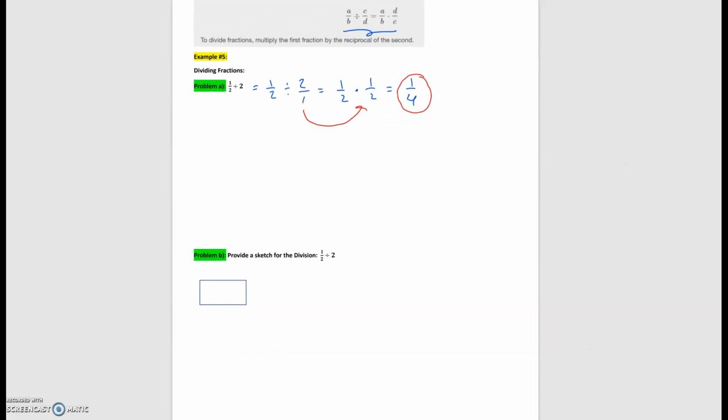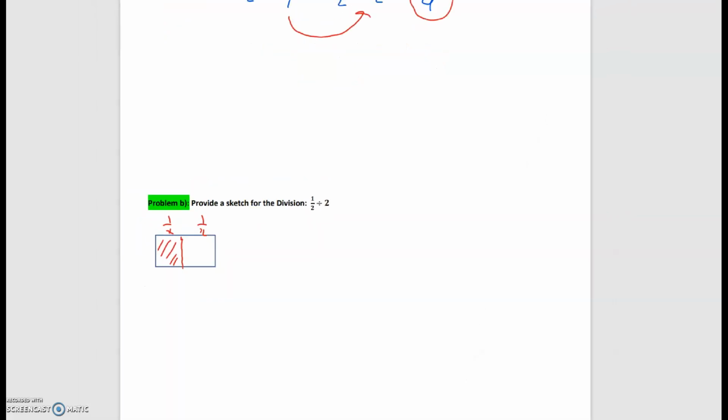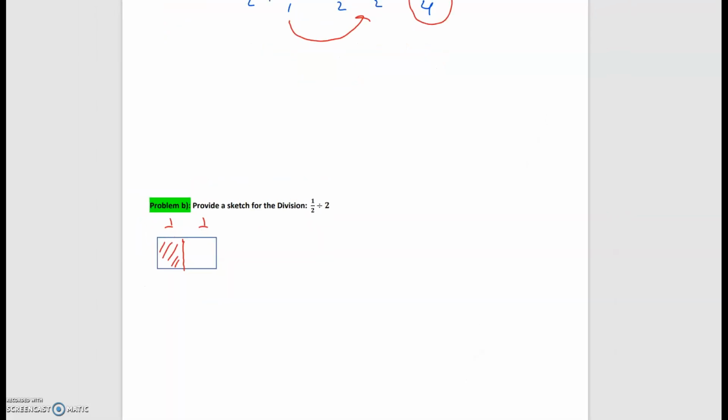Now, on problem B, they want us to represent what the division by 2 means. Here's what we technically have. We already said that this portion here is a half and a half from an integer. So this is 1/2 and this is 1/2.